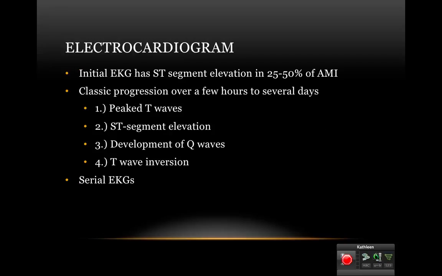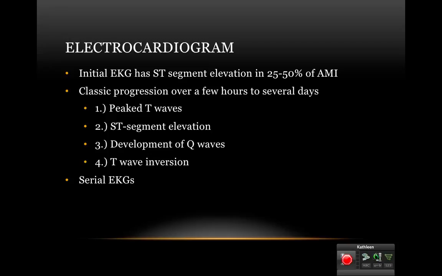EKG. Initial EKG has ST segment elevation in 25 to 50% of AMI. Classic progression over a few hours to several days are peaked T waves, ST segment elevation, development of Q wave, and T wave inversion. That you see with multiple EKGs. So with a STEMI, you have the evolution of a new Q waves greater than 30 milliseconds in duration, and 25% of the R wave amplitude is diagnostic of an MI.